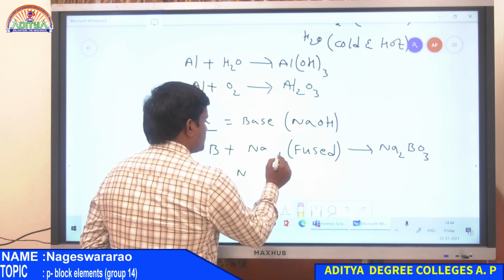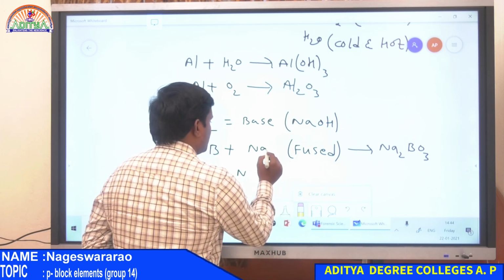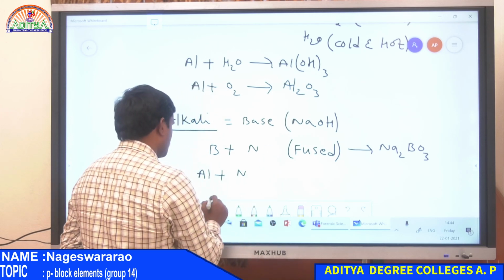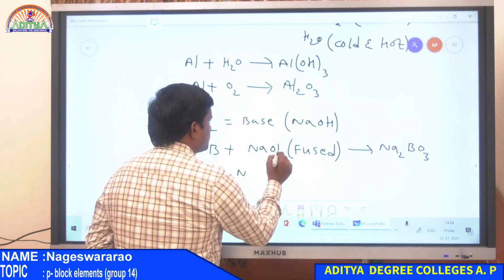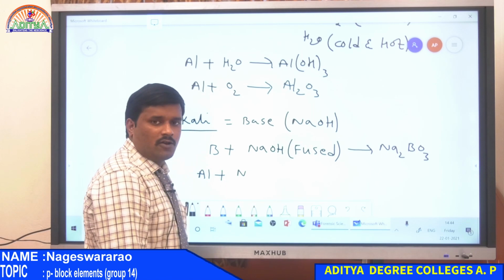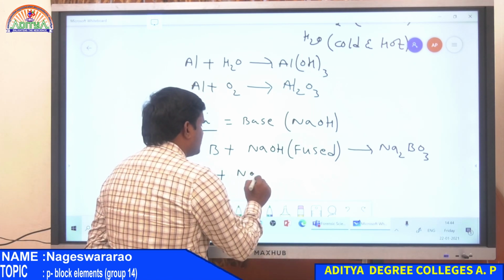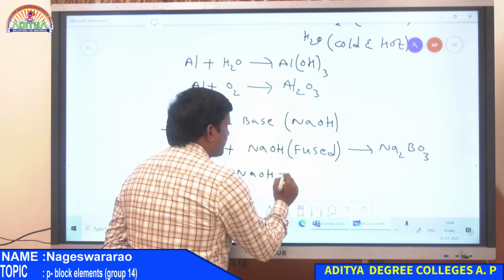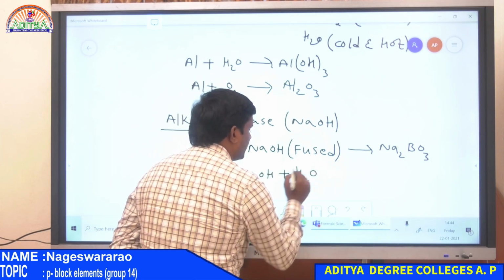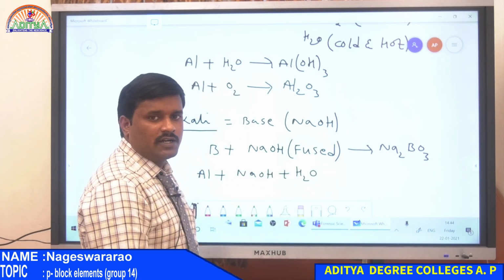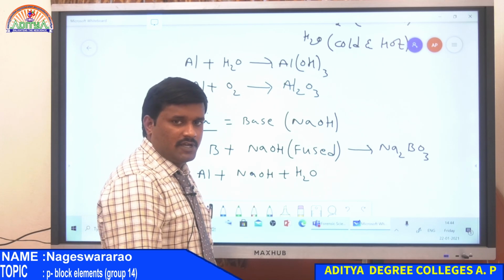Sorry, this is not NaCl, that is NaOH, sodium hydroxide. So aluminum easily reacts with aqueous NaOH. Aqueous only means with water, NaOH plus water, that is aqueous NaOH.